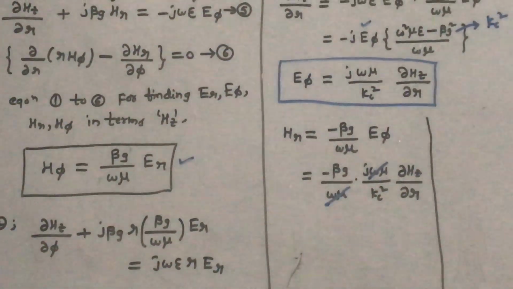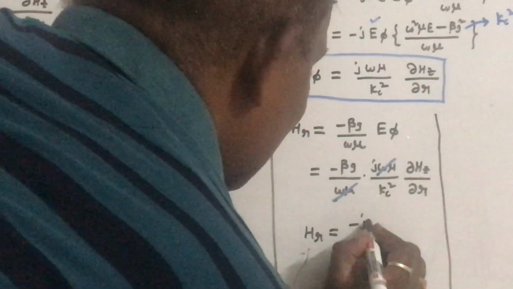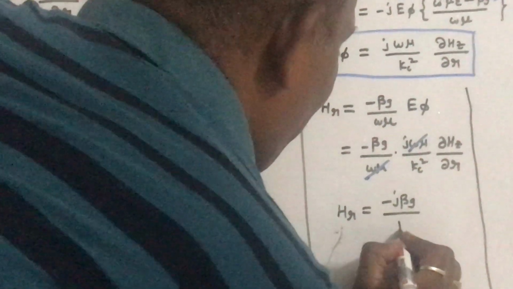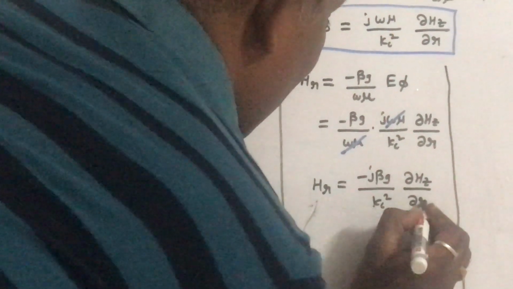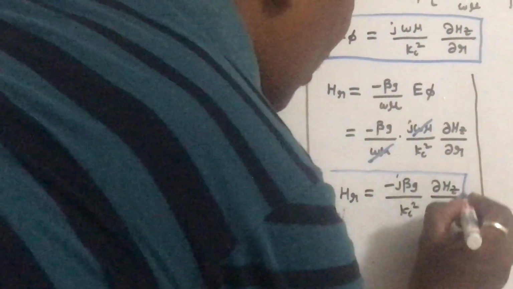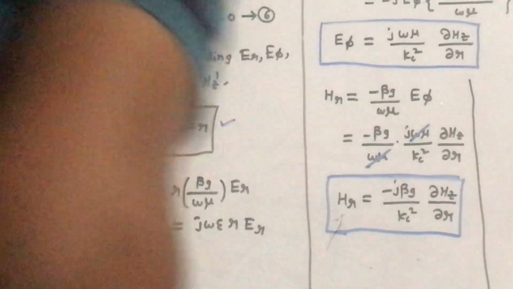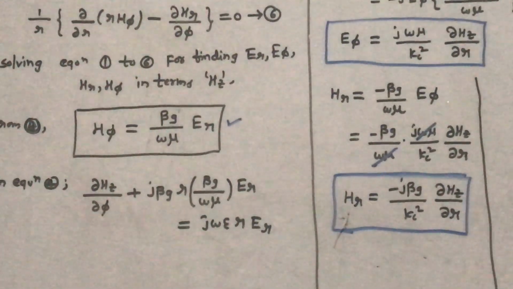So therefore HR is written as minus j beta g by Kc square into dou Hz by dou R. What we are doing is solving 6 equations, very simple. We are solving the 6 equations obtained from Maxwell's equations.